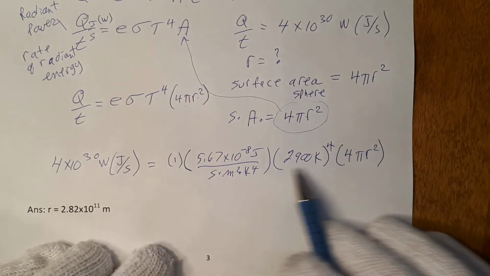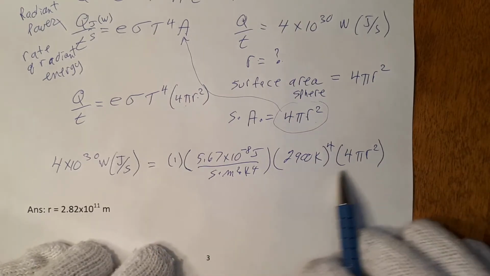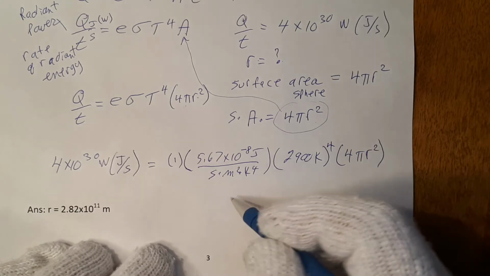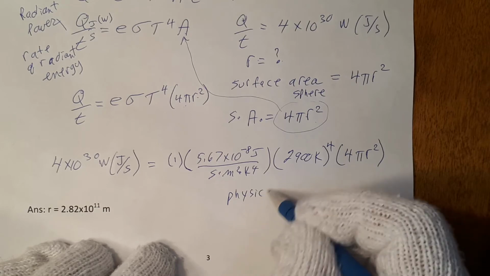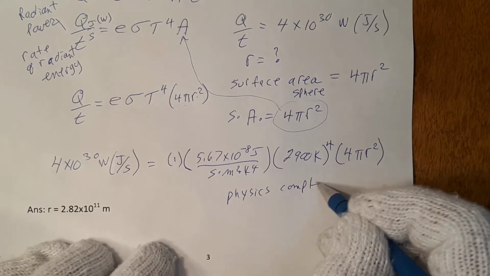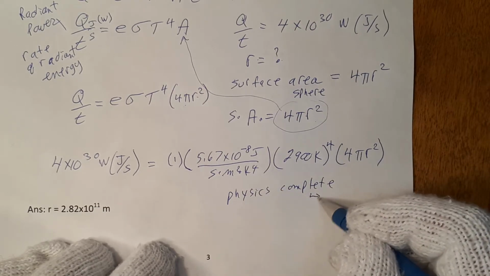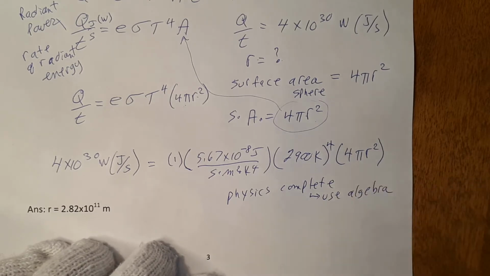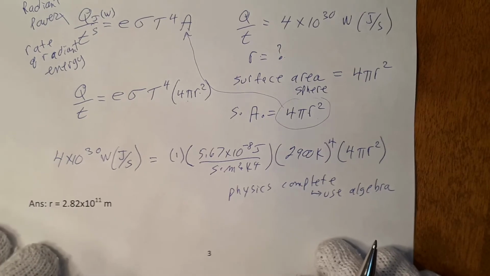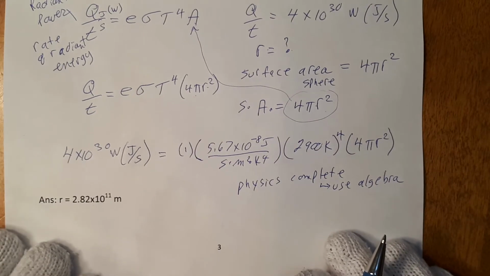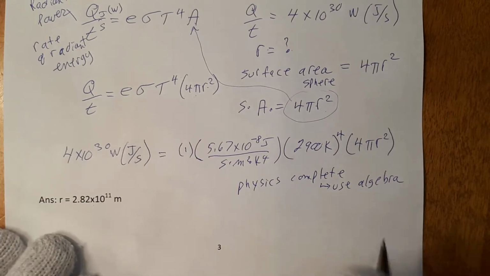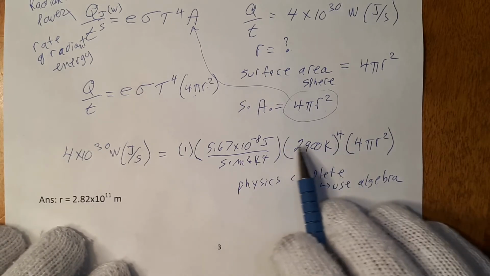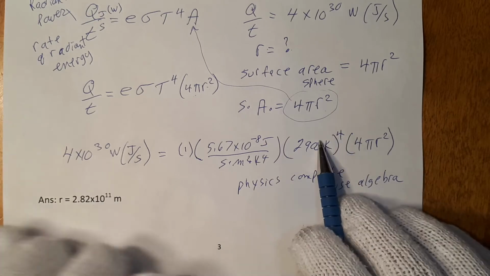Effectively, the physics is done at this point. All that's left now is algebra in order to solve for r. First thing we need to do is remove these brackets and bring the 4 down.